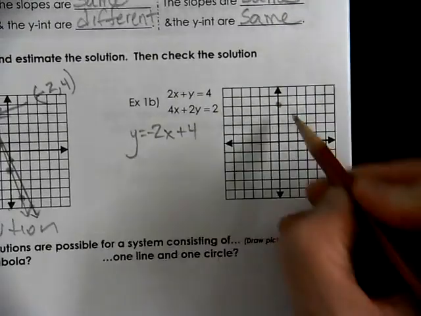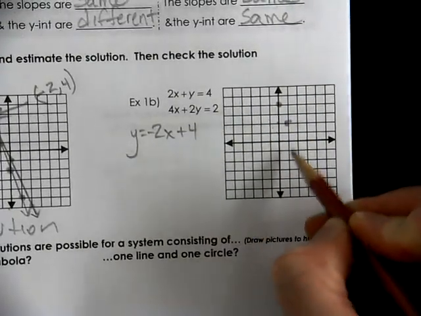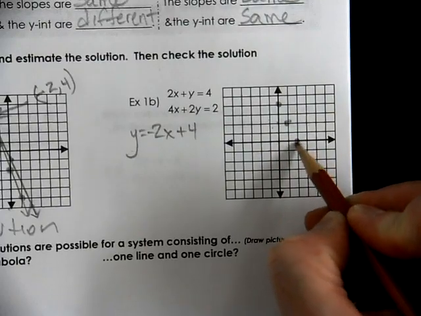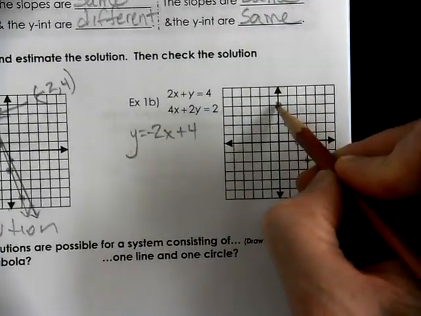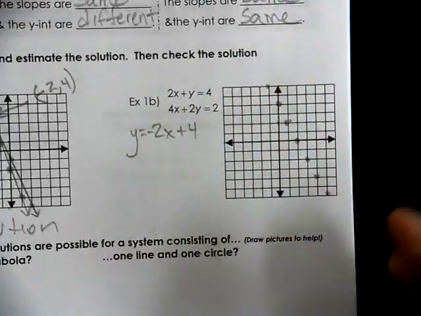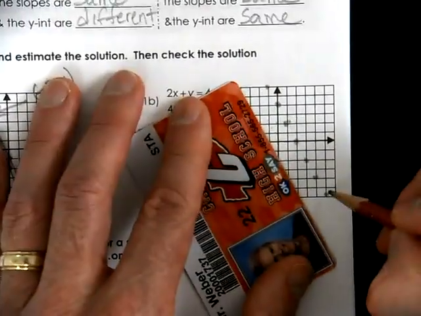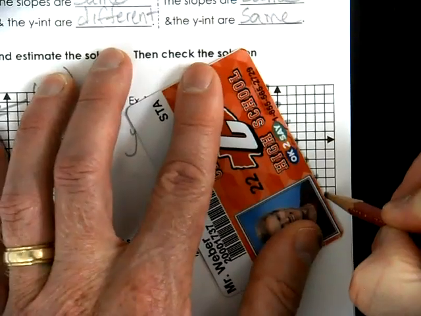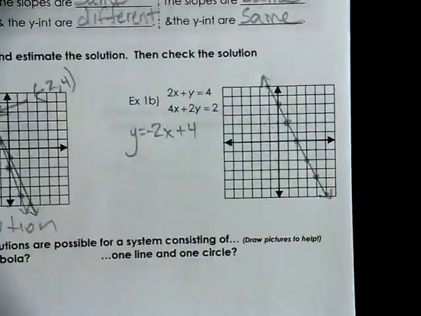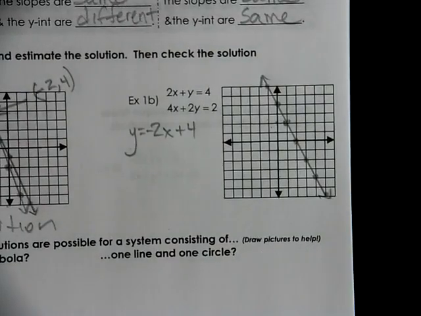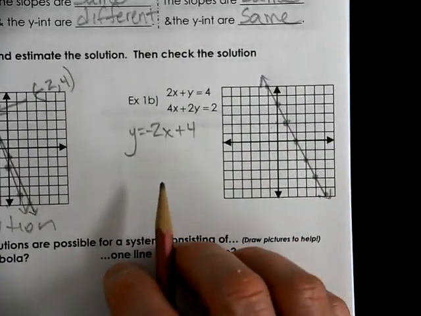We're up at 4, and we do down 2 over 1, down 2 over 1, and so on. You can even go up 2, backwards 1. And there's your graph of that equation.